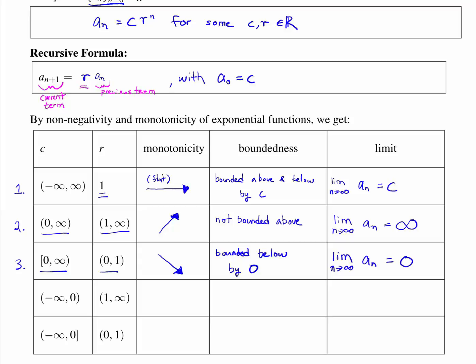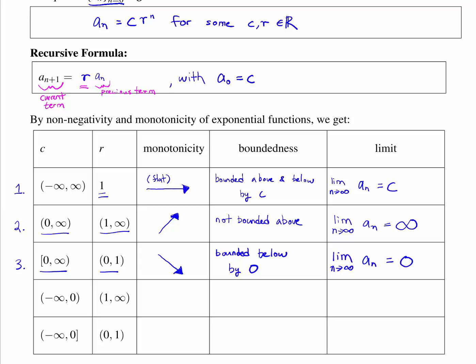In the two cases that we considered with positive c and r not equal to 1, the positive c translated into a positive sequence. When we take the analogous case with c negative, so we're starting with some negative value, the sequence is always negative. It's the mirror image of the corresponding case with c positive, reflected in the x-axis.